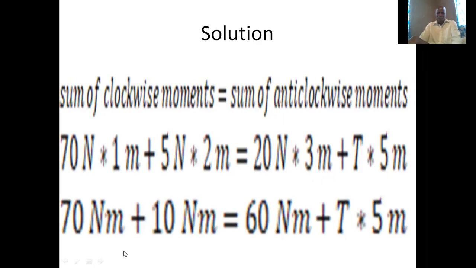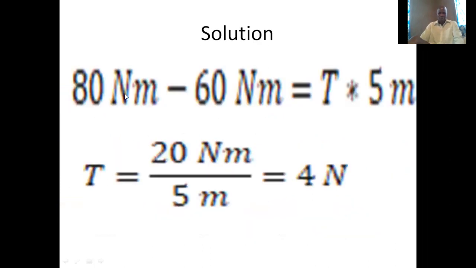We bring this one this side, meaning that we are going to subtract 80 minus 60, which is equal to tension multiplied by 5 meters. And the tension, we can find it by saying 80 minus 60, which is 20 Newton meters divided by 5 meters. And this meter and this meter will cancel. And we say 20 Newtons divided by 5, which gives us 4 Newtons. Therefore, the tension is 4 Newtons.